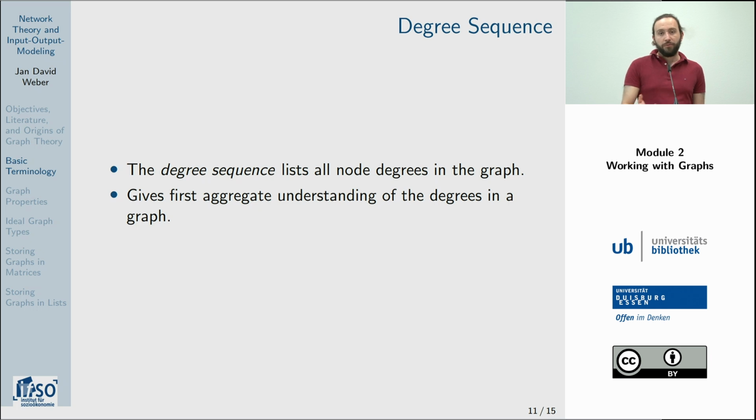The easiest way to describe a graph is a degree sequence. So if you are looking at a graph for the first time, you take a piece of paper, you list all the knots, and next to them you write the degree they have. This is all a degree sequence gives you, because it is a first aggregate understanding of the degrees in a graph. It tells you, oh, is everyone pretty much the same, or do we have some outliers?